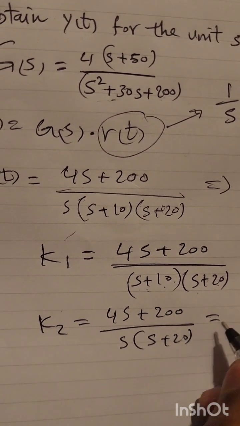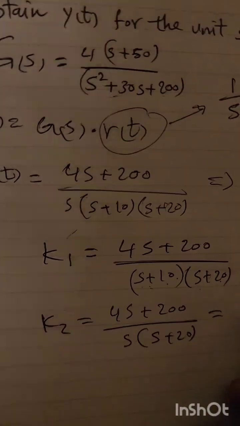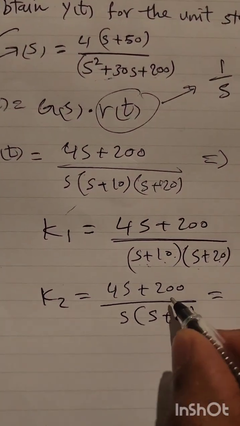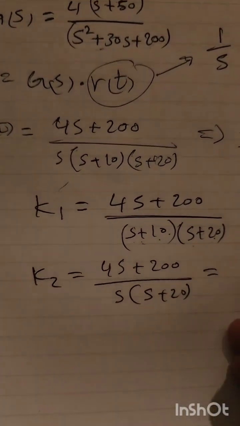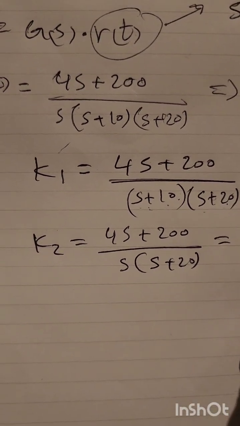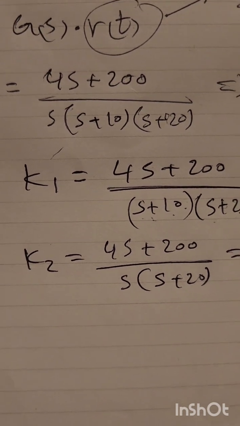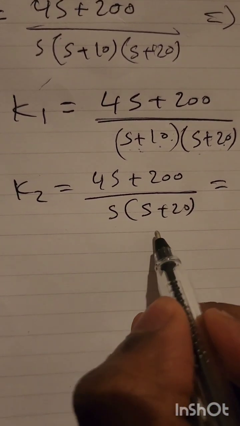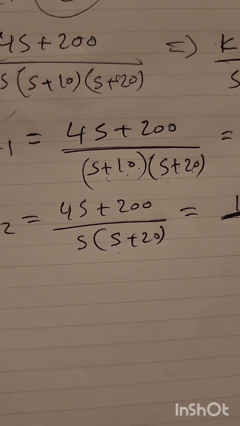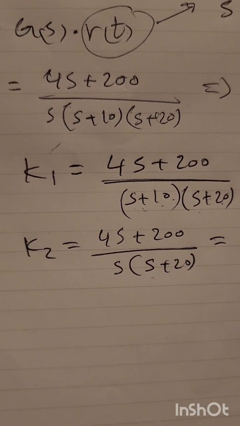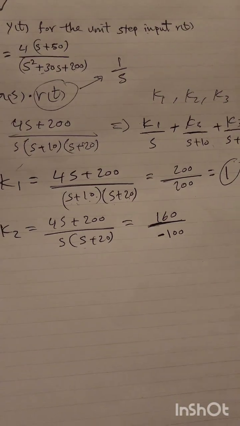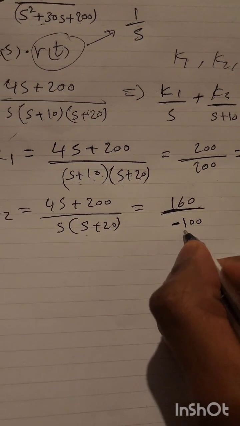So it's going to be 4 multiplied by minus 10, which is minus 40, and there is also 200, so it's going to be 160. And in the denominator there is minus 10 and minus 10, so it's going to be minus 100.